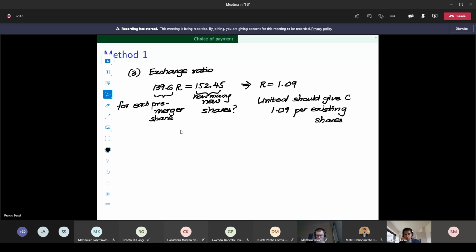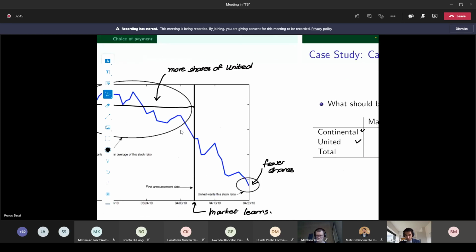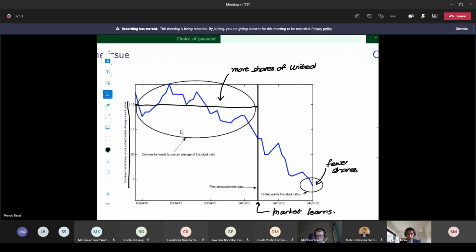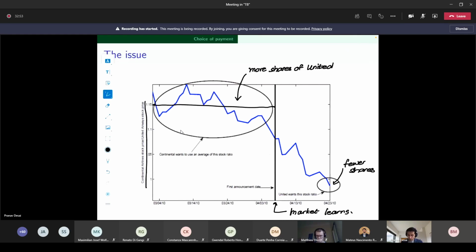Now, let us head back to where we started from, which is what United and Continental wanted. Continental wants something like this. So this is Continental's position. And this is what United wants.